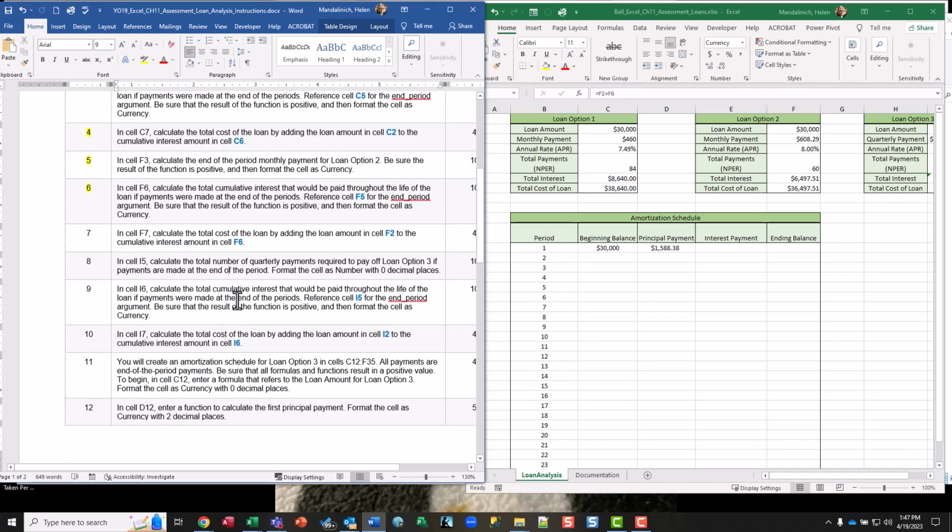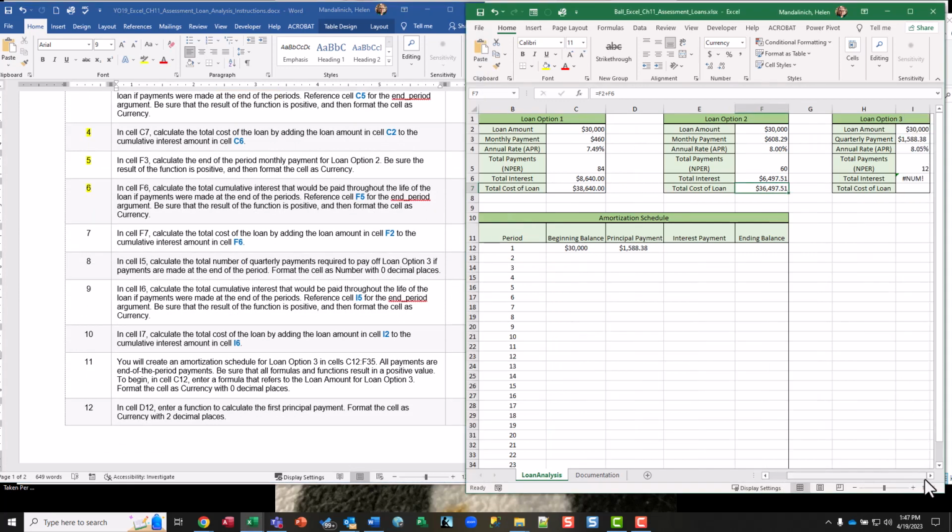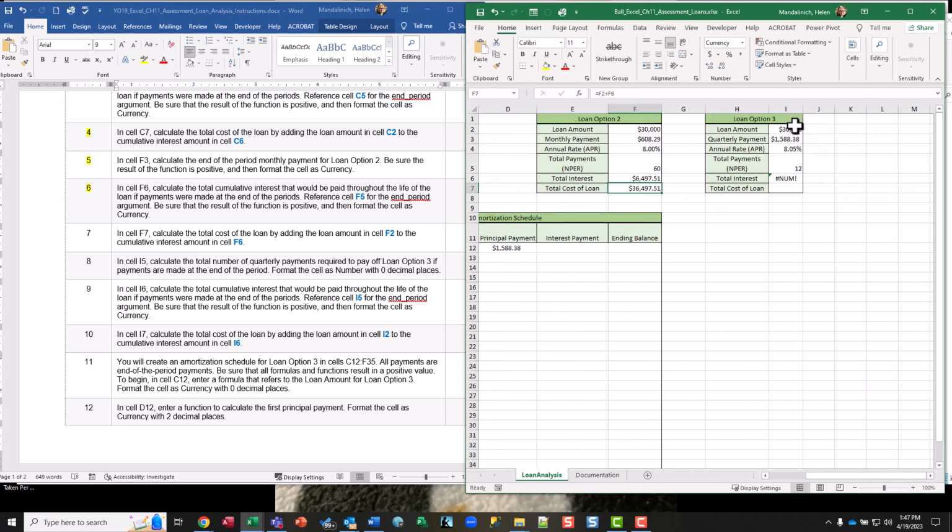Let's see, 8, I5. Let's go over there and see what we can see. All right, yeah. So something's not right here. In I5, calculate the total number of quarterly payments required. I think that one is actually not right.